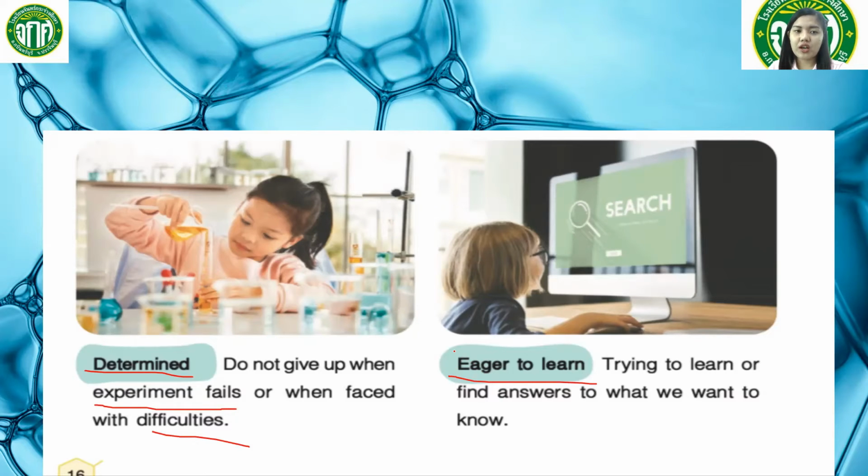You have to eagerly find the answer. As you can see here in the picture, the boy is eager to learn something. That's why he is searching on the internet. So those are some traits or characteristics of a person who has a scientific mind.